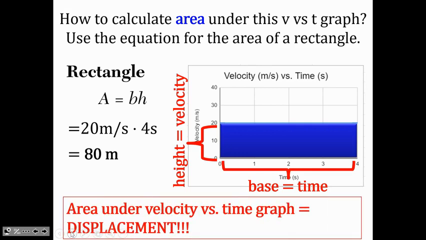Why, that's the value for our total displacement. We've just discovered what the area under a velocity versus time graph represents. If you calculate the area under a v versus t graph, you will get displacement. For constant velocity motion, the shape will be a rectangle. So here you can use the equation area equals base times height.